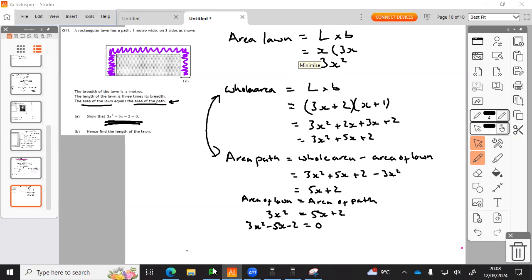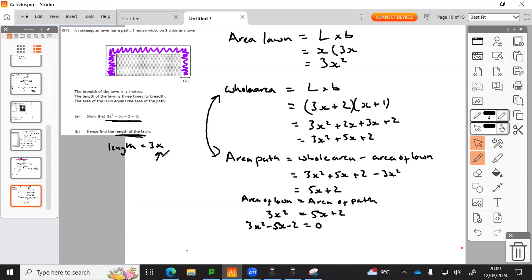Even if you can't see that, what you should still be able to do is, using that formula, find the length of the lawn. The length of the lawn is 3x.